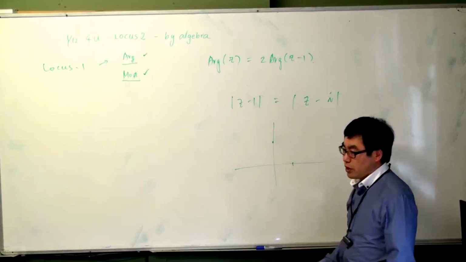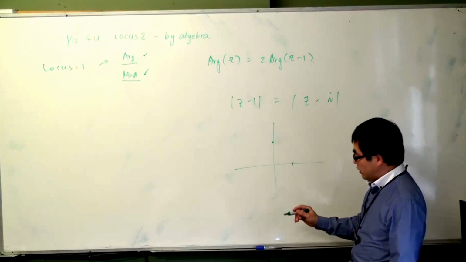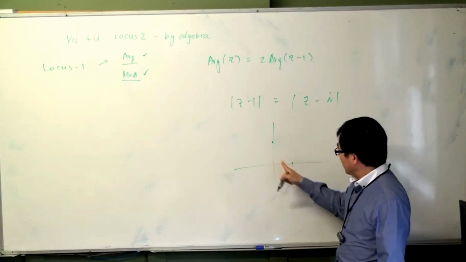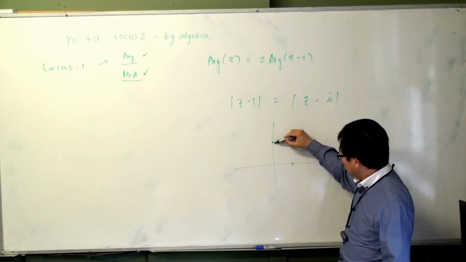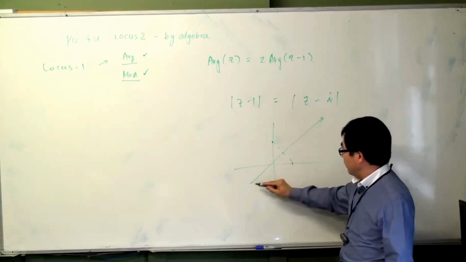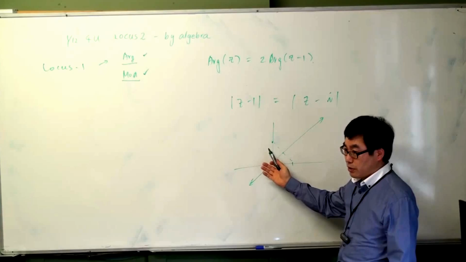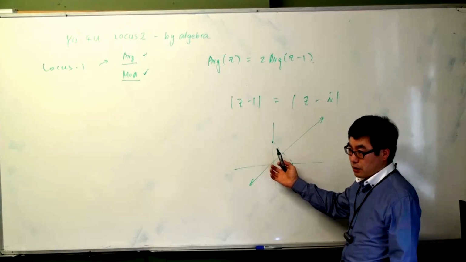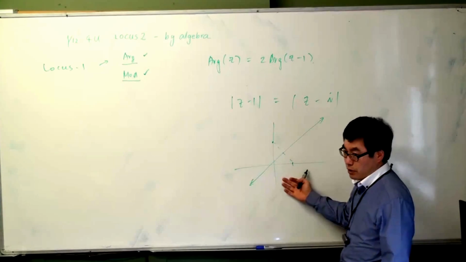So we are interested in finding all the points which are at equal distance from this and this. Then obviously the midpoint will be involved, and then we can easily think of that one. So it's direct interpretation. You don't need algebra. And in an exam, they'll accept it.